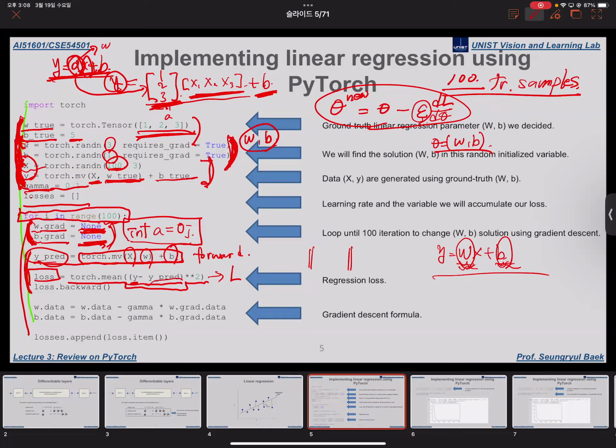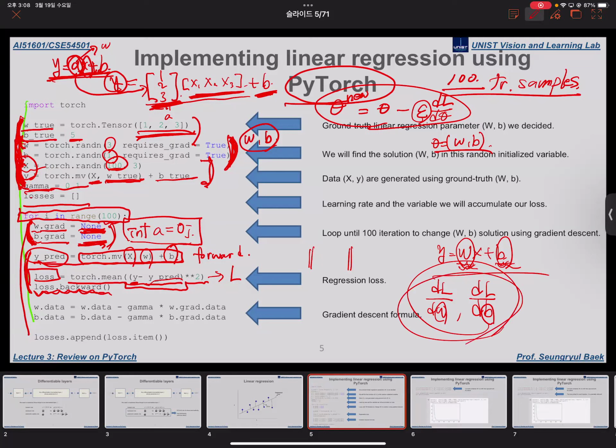And the thing that actually happens here is, you have to calculate, without the PyTorch library, dL/dW and dL/dB, which are the differentiation of the loss with respect to the parameters you have.